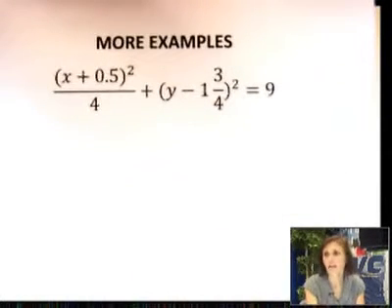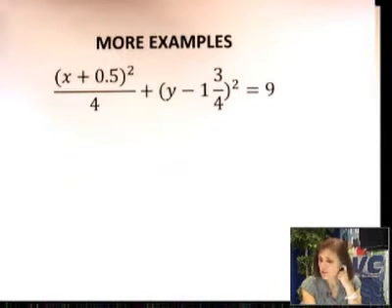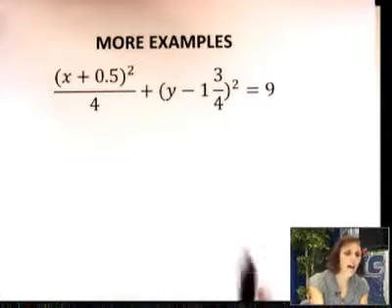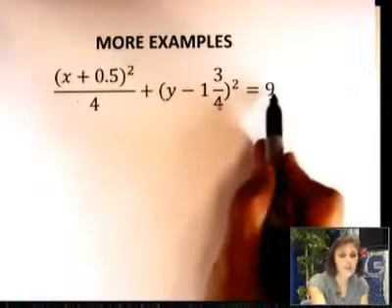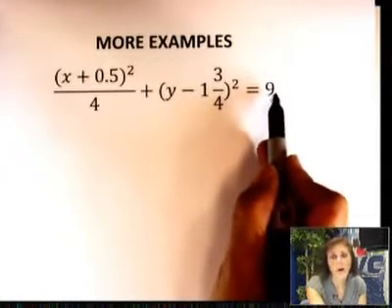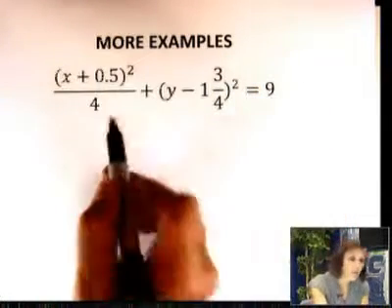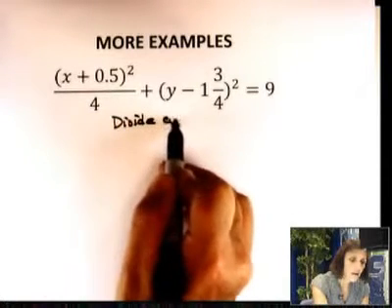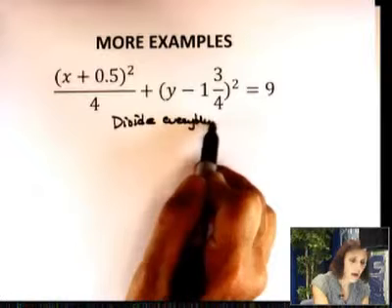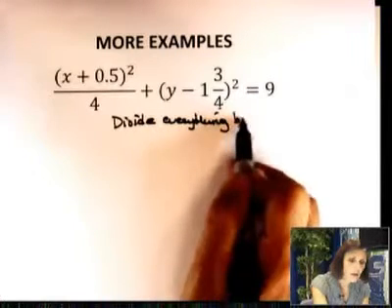Well, can I have some ugly numbers in there? Okay. Yes, you can. So let's try to make this work. You know that I'm supposed to have a 1 on the other side and the squares and a plus. Okay, this 9 is on the other side. So I need to have a 1. So what do I do? Divide everything by 9.